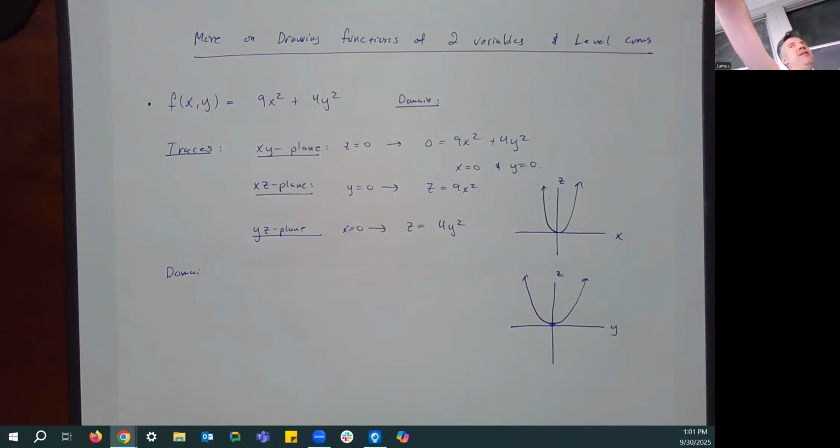well, be careful. Our domain is everything that's possible. But here, our domain is not on the number line. Our domain is on the number plane, the xy plane. It's every point x comma y in the xy plane. So our domain is, unfortunately, for functions of two variables, always annoying to write.